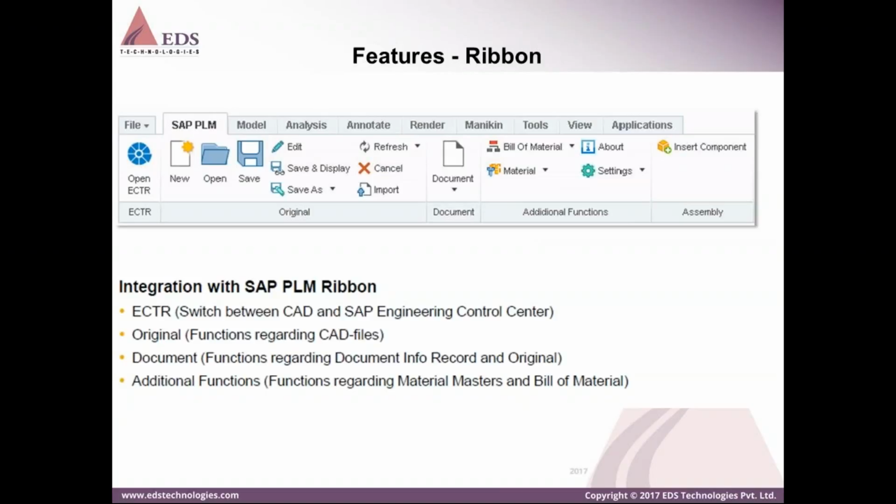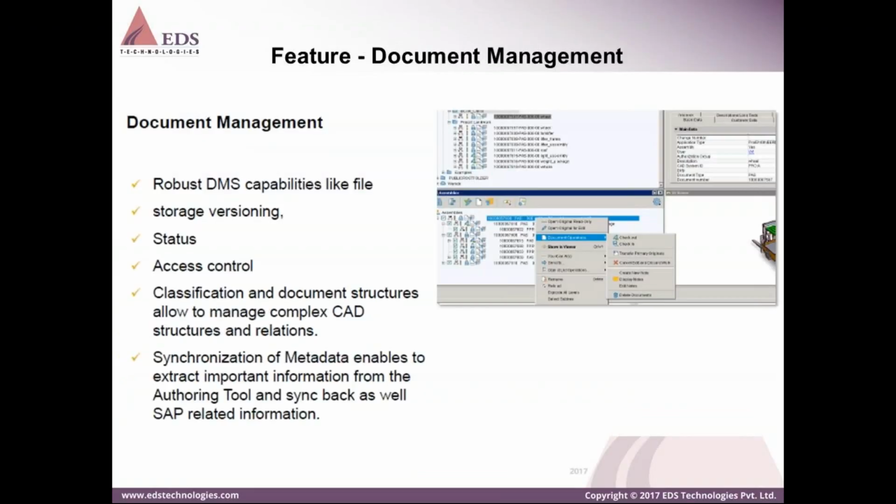That's the beauty of this PLM solution. There will be a bi-directional flow of information from the CAD applications to your ERP using this SAP PLM Engineering Control Center. As I said earlier, we can manage all your documents as part of the PLM suite within this ECTR package.